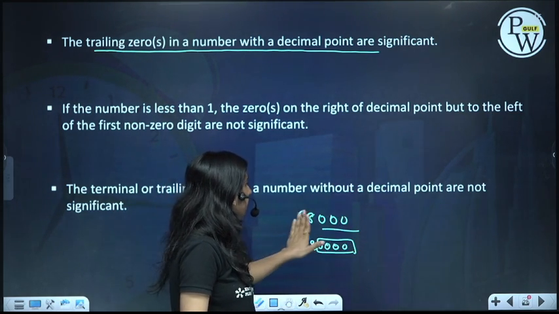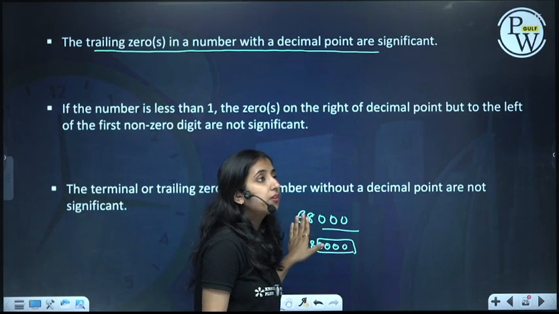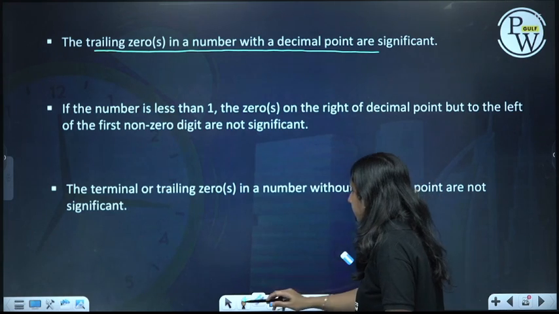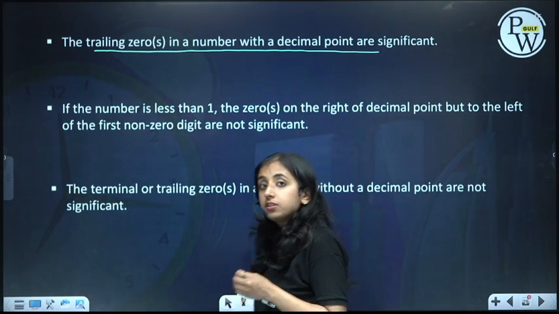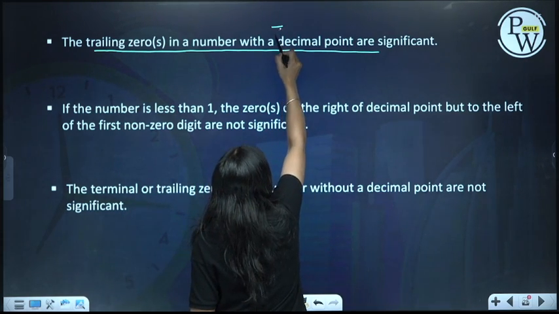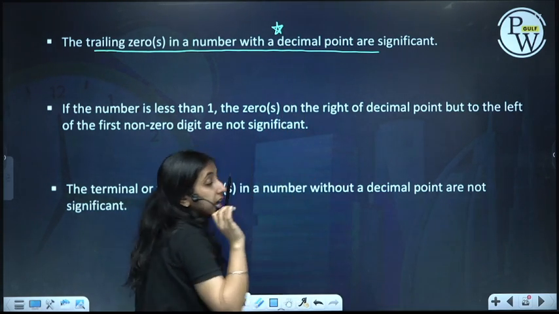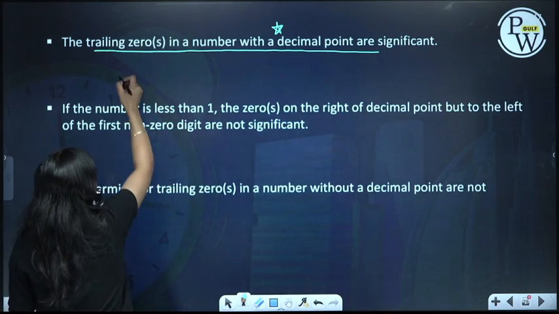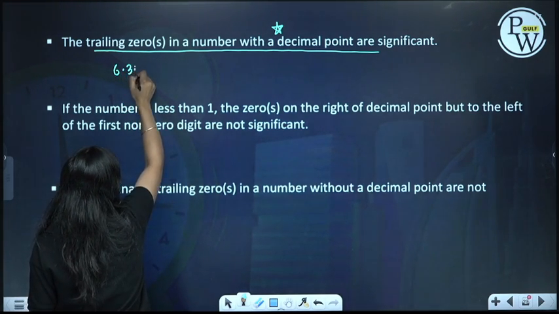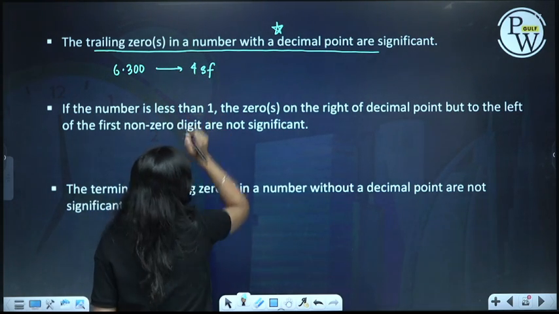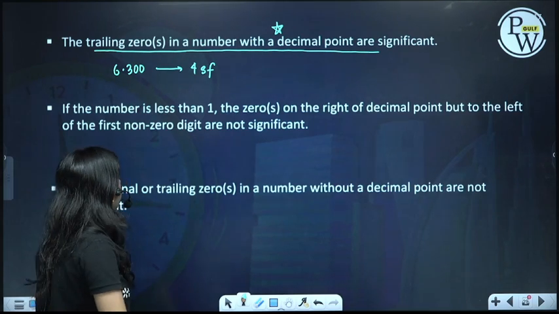Trailing zeros are significant only if the number has a decimal point, like 6.300. It will have four significant figures.